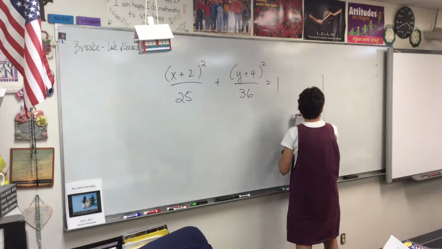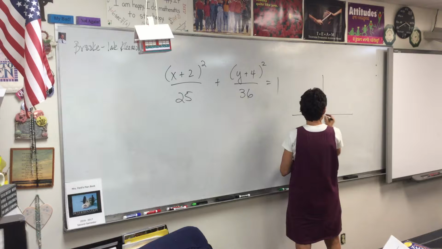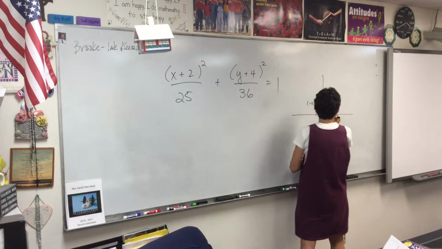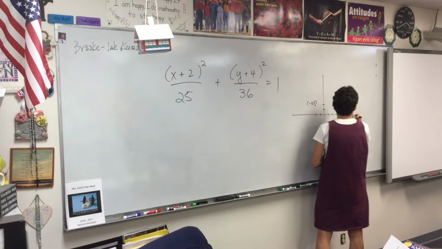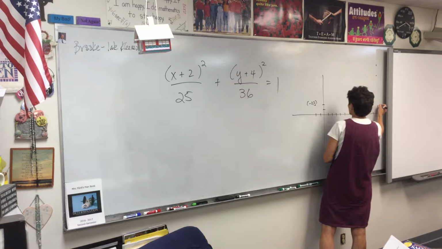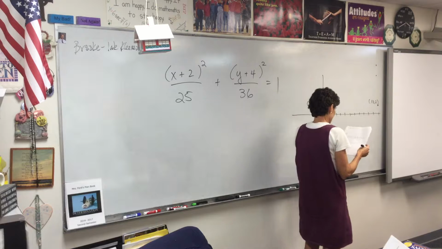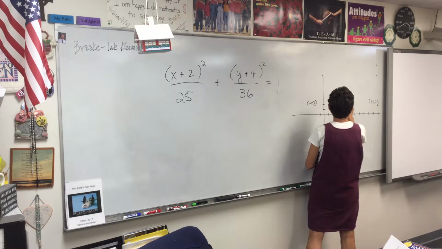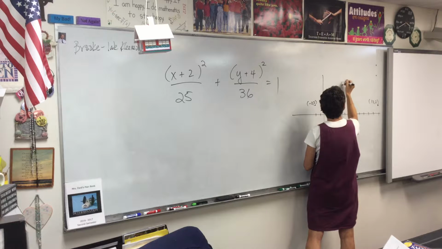Okay, now this one is a little bit different. Let's see. So -2, 2 and 12, 2. And 5, 5, 1, 2, 3, 4, 5. So here's 5, 5.